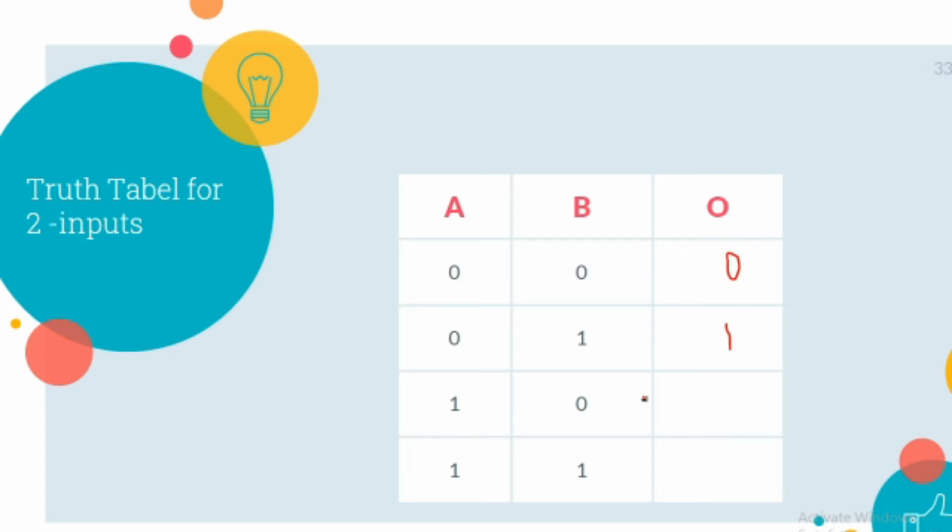In the third case, one is high, the second one is low, so here we also get a high. In the fourth case, both of these are high, so our output will be high. Here is the final truth table for the OR gate. The first one is 0, and the last 3 are 1 because one of them is high.